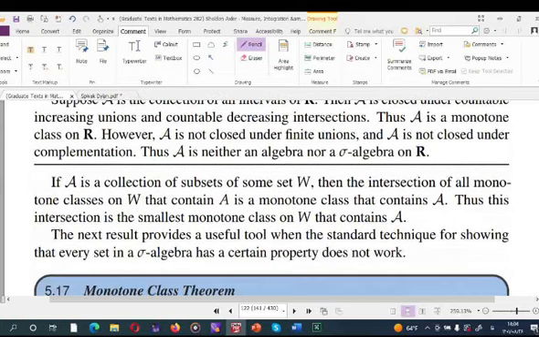If A is a collection of subsets of some set W, then the intersection of all monotone classes on W that contain A is a monotone class that contains A. Thus, this intersection is the smallest monotone class on W that contains A. The next result provides a useful tool when the standard techniques for showing that every set in a sigma algebra has a certain property do not work.